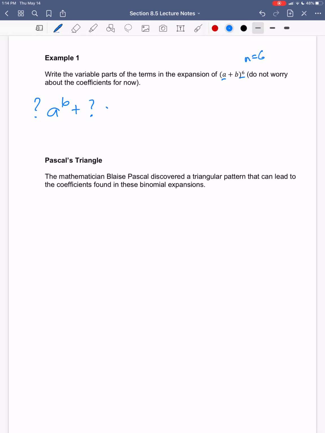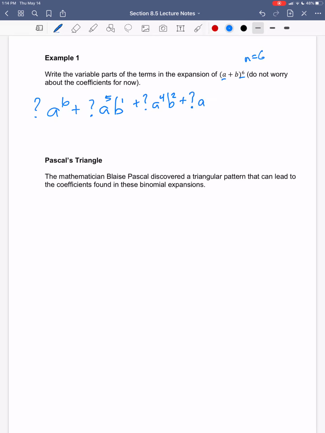But my a has to go down 1, a to the 5th. And my b has to come up 1, plus those exponents have to add together to equal 6. So what's next? Well, a would go down 1, b would come up 1. 4 plus 2 is 6. What's next?